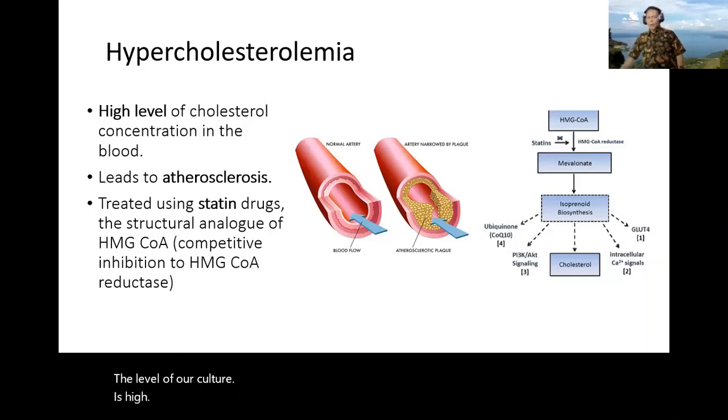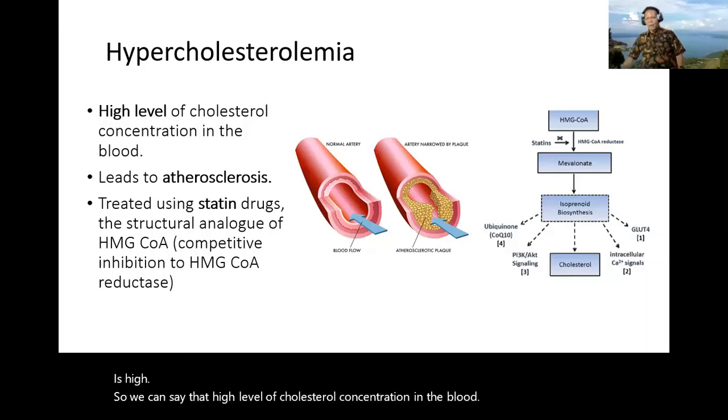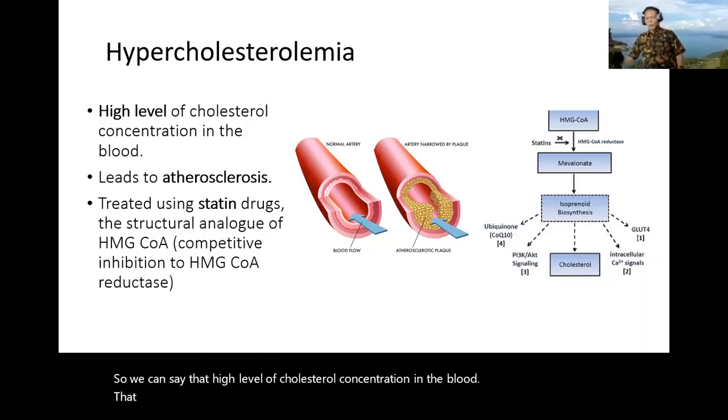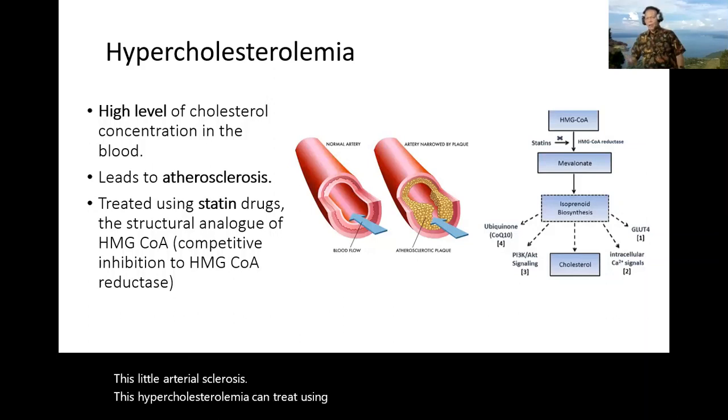So we can say that a high level of cholesterol concentration in the blood is hypercholesterolemia, and this leads to arteriosclerosis. Hypercholesterolemia can be treated using statin drugs, the structure analog of HMG-CoA. This is a competitive inhibition of HMG-CoA reductase.